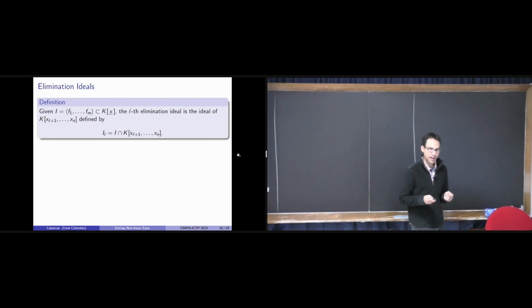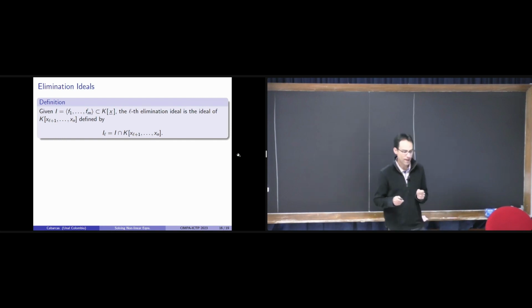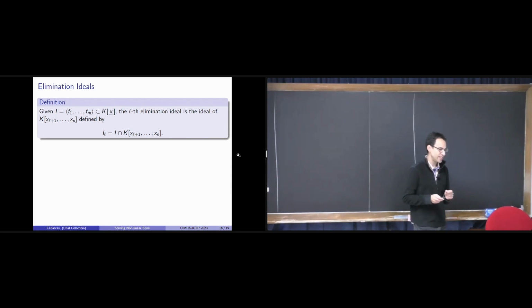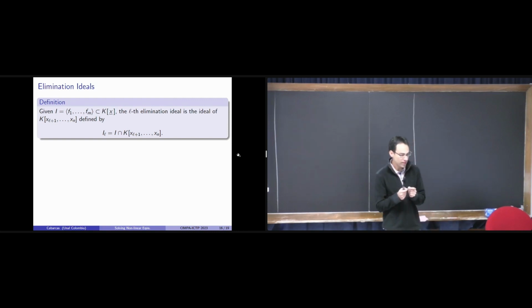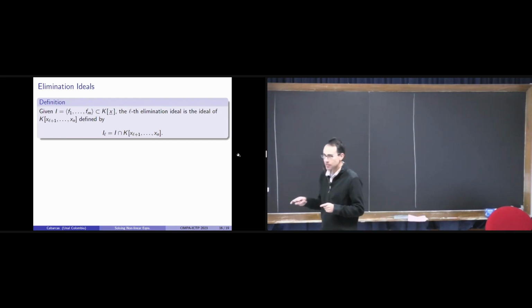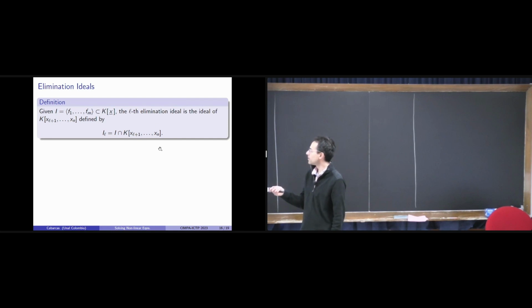Given an ideal I generated by F1 through Fm, the l-th elimination ideal is the ideal in the variables x_{l+1} up to x_n, defined as the intersection between I and the polynomial ring in those variables, k[x_{l+1}, ..., x_n].